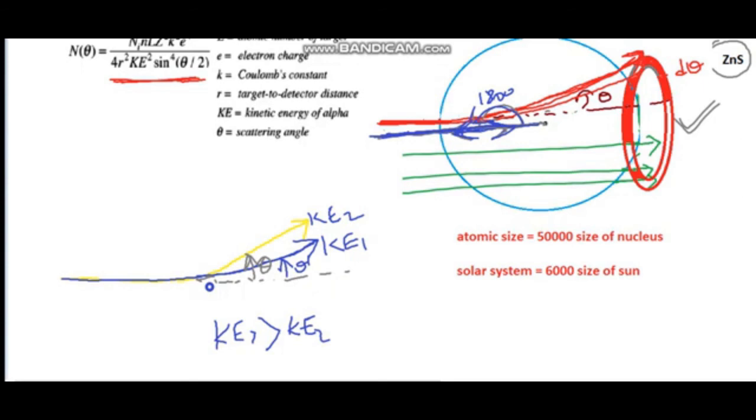For example, if you have a detector here at this angle theta, you will have n number of alpha particles scattered at the angle theta.